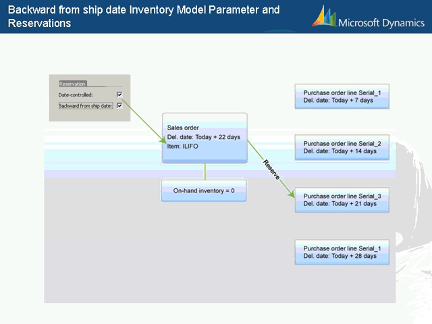The system is looking for the closest, the most appropriate delivery date, and the system finds a purchase order line with the delivery date today plus 21 days, and in this case the system reserves this purchase order for the sales order, and on-hand inventory is equal to 0, and the option in inventory management for ordered transaction reservation is active.